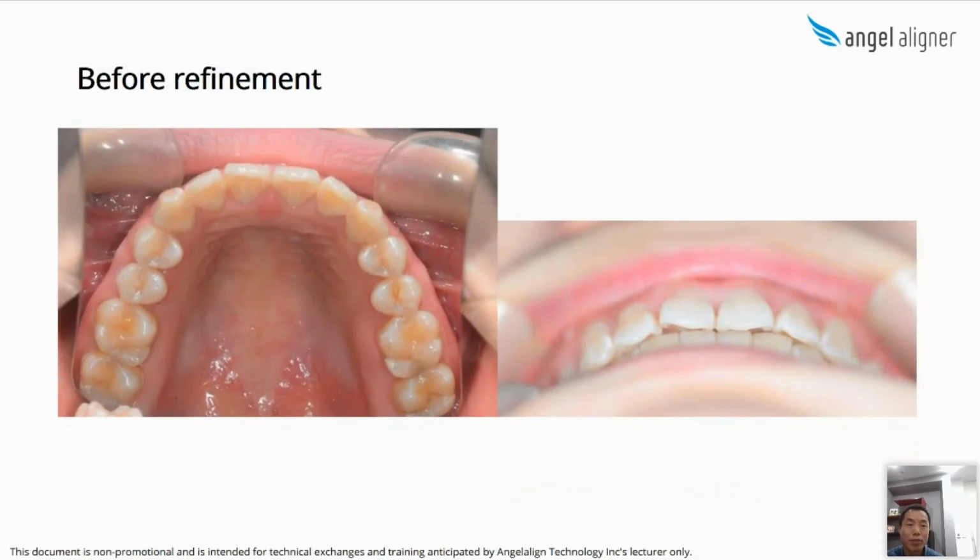I'm going to show you a case. This is a case with central incisor malrotation before refinement.